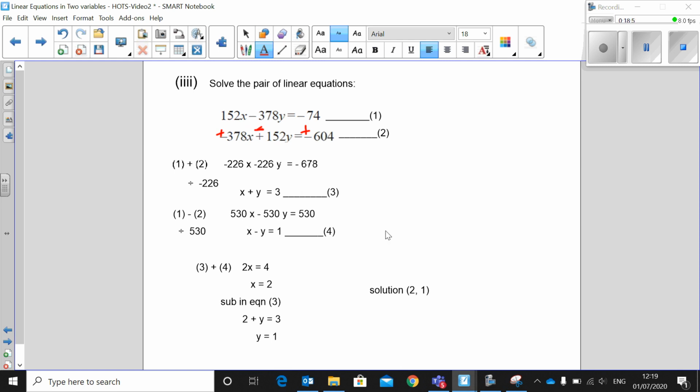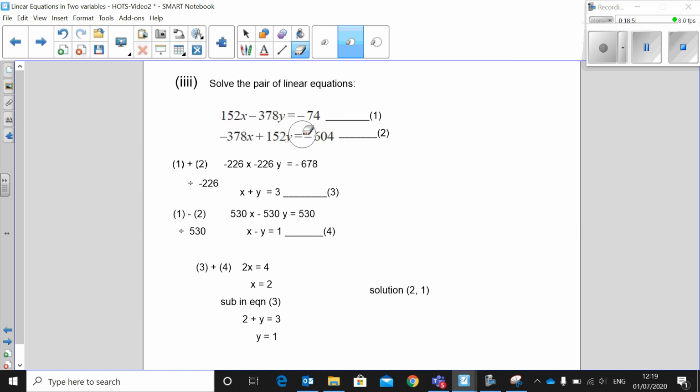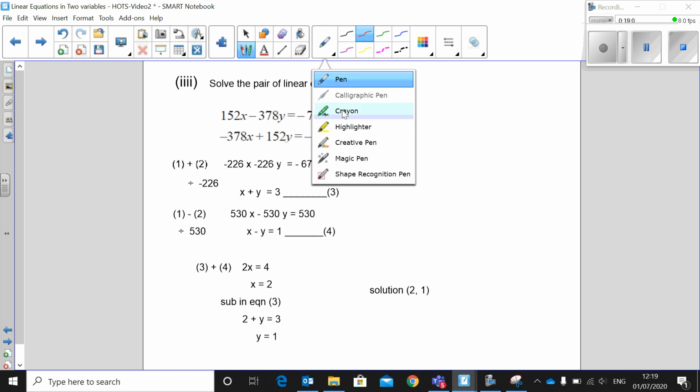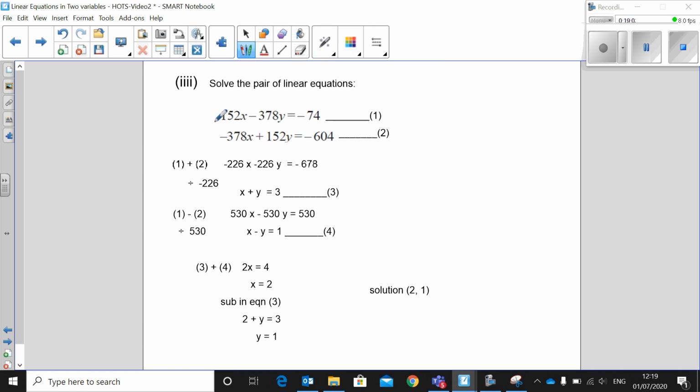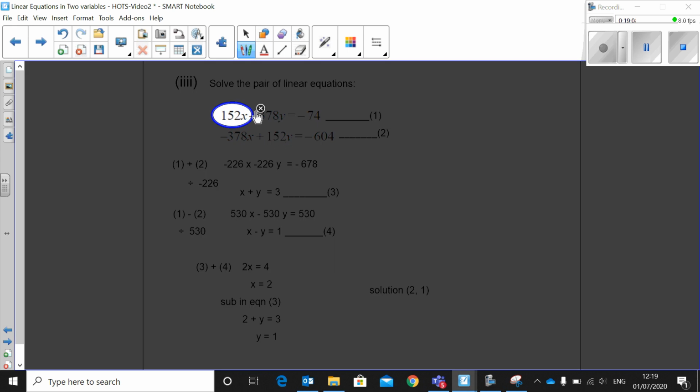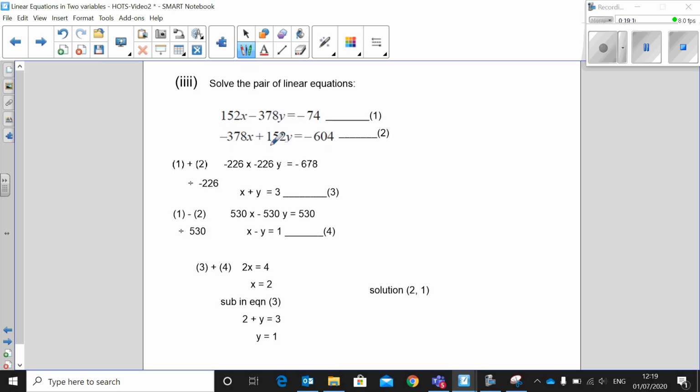This method will be applicable only for numbers where we have 152x and here we have 152y. Similarly, minus 378y and minus 378x. Then only we can apply this method.